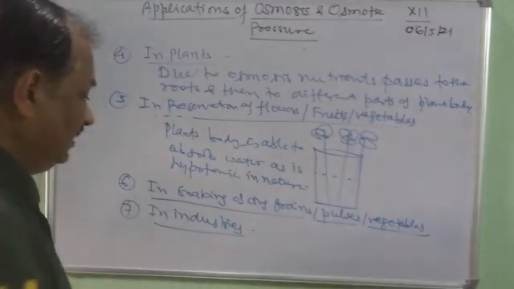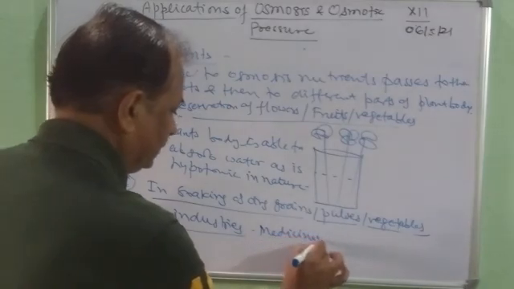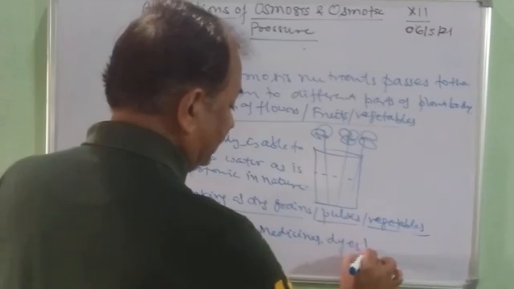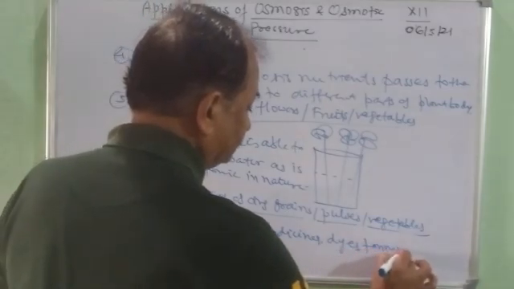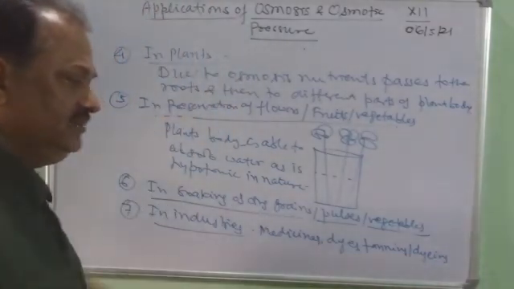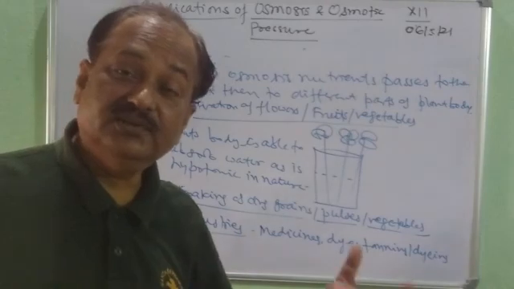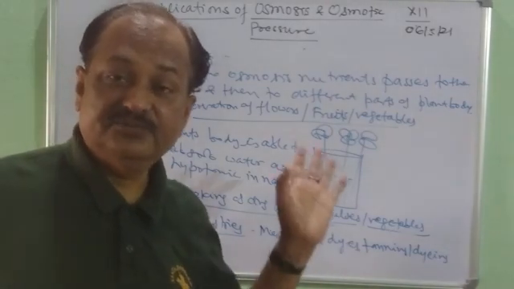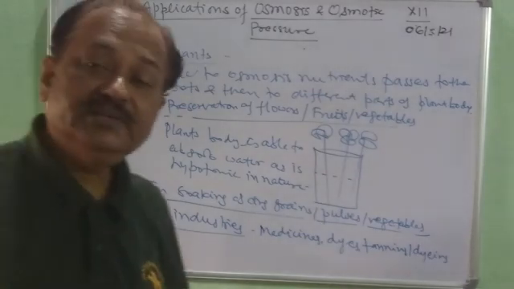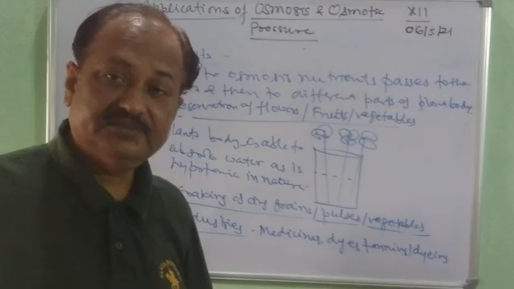So all medicines, dyes, then tanning, dyeing, processing of leather, dyeing of fabrics, etc. They all require this principle of osmosis, and so this is some very important points about the applications of osmosis and reverse osmosis.